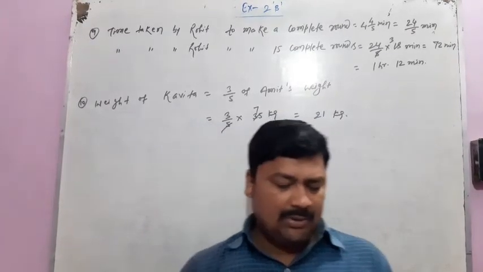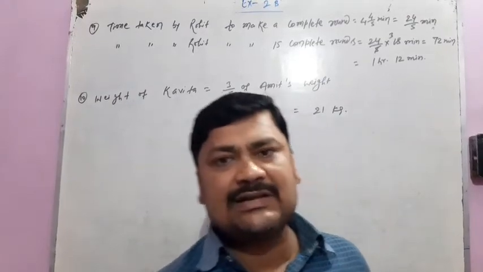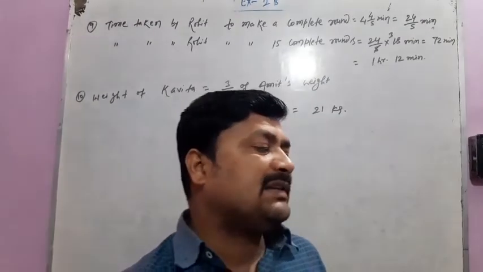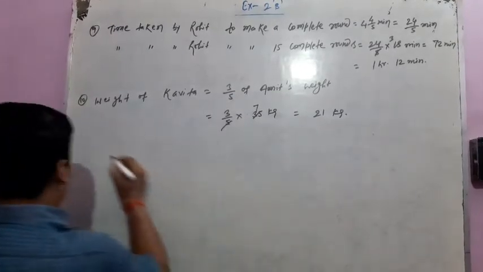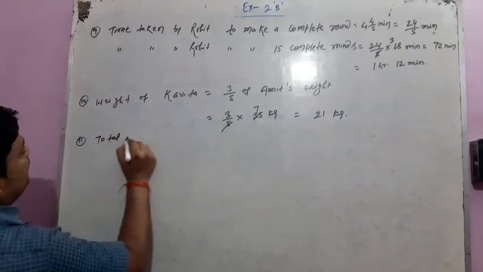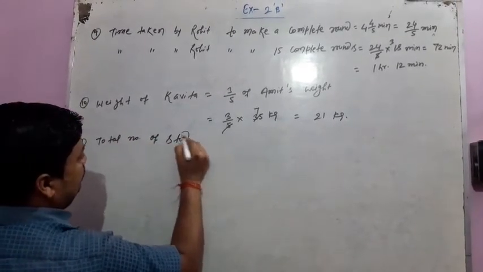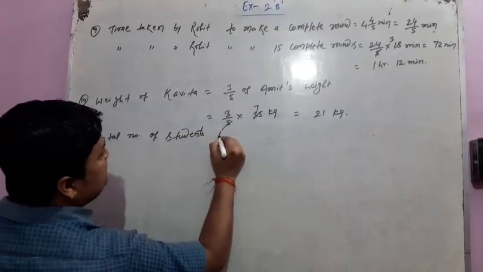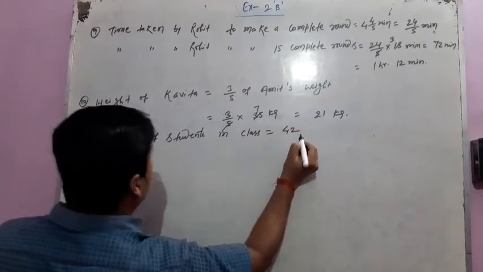Now in question number 12, there are 42 students in a class. The number of students in a class is 42. 5 by 7 of the students are boys. Total number of students in class, that is 42.